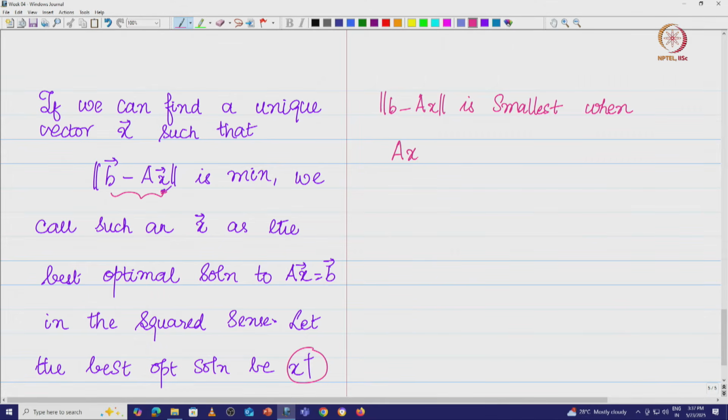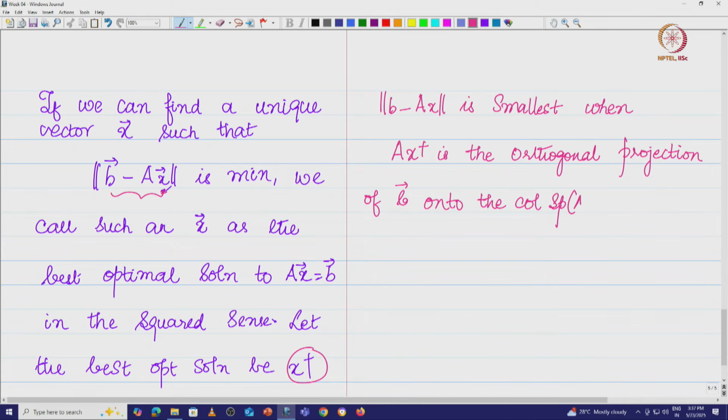Ax dagger is the orthogonal projection of b onto the column space of A. Now, what does that mean? That simply means the following.